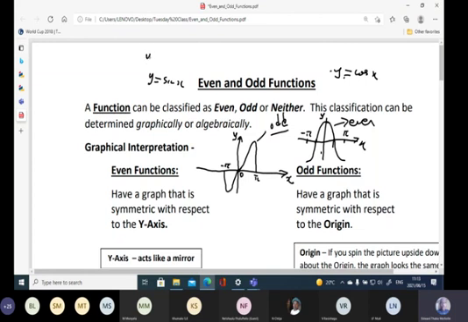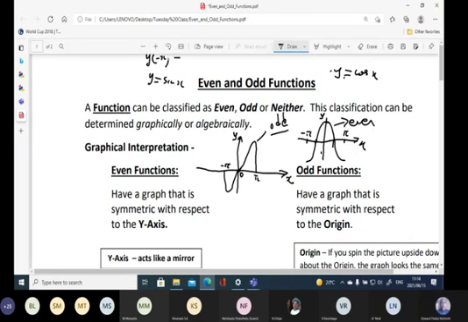Let's say you have y of minus x. In this case, sine of minus x equals minus sine x. For this one, y of minus x equals cos of minus x, which equals cos x.